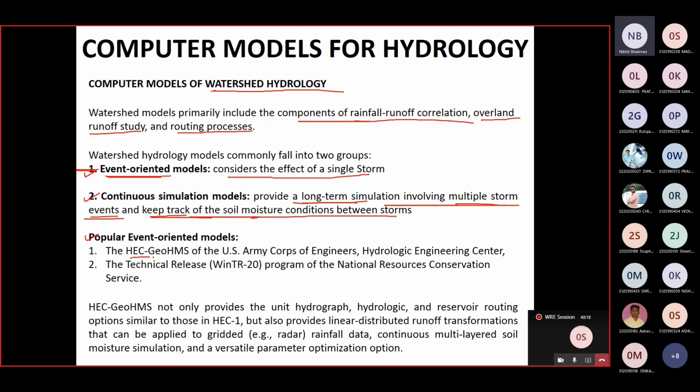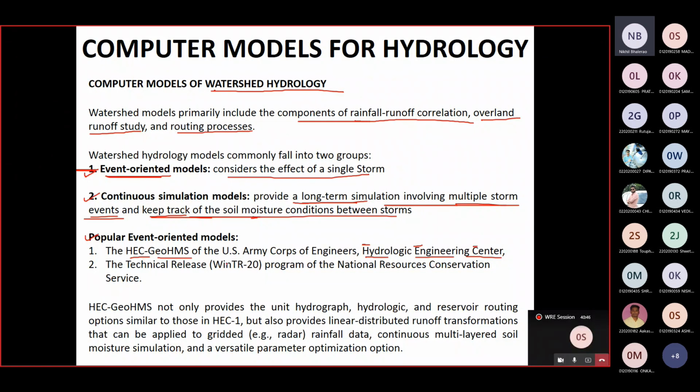The HEC GeoHMS. This is developed by the US Army Corps of Engineers Hydrologic Engineering Center, that is HEC. This is one of the event oriented models, meaning for a single rainfall event you can study how the watershed behaves, and that behavior study you can carry out with this HEC GeoHMS.